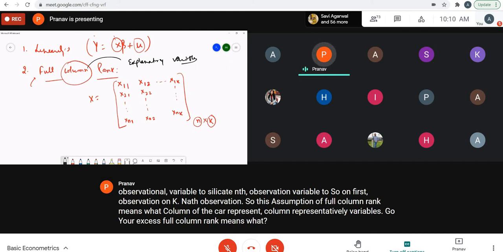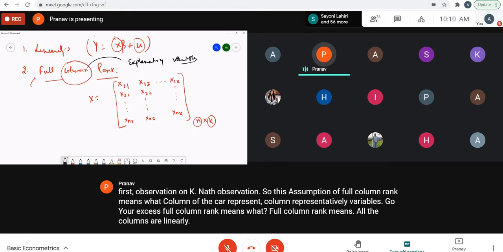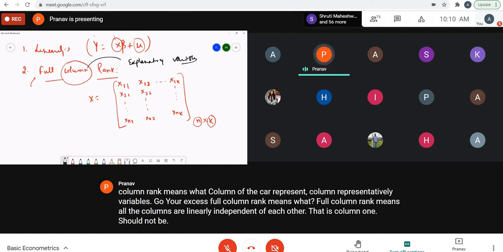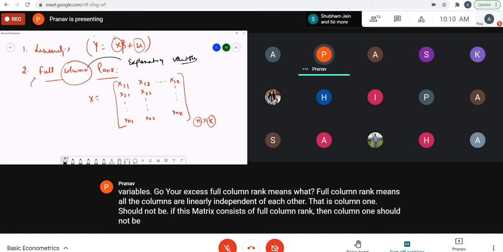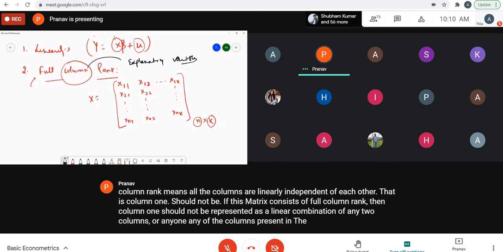Full column rank means all the columns are linearly independent of each other. That is, if this matrix consists of full column rank, then column 1 should not be represented as a linear combination of any two columns or any of the columns present in the matrix.